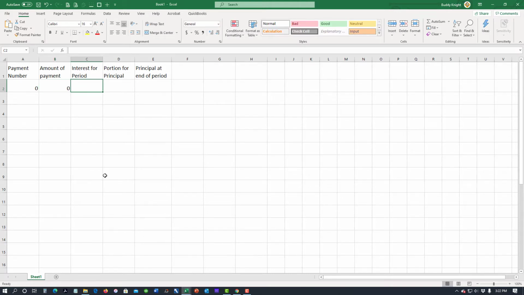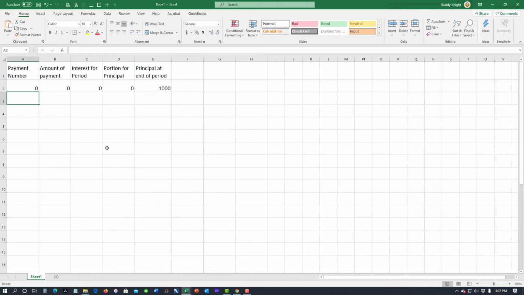Nor am I paying any interest or principal. The only reason this line is here is so that we have the principal at the end of the period, which is the entire amount of the loan, $1,000.